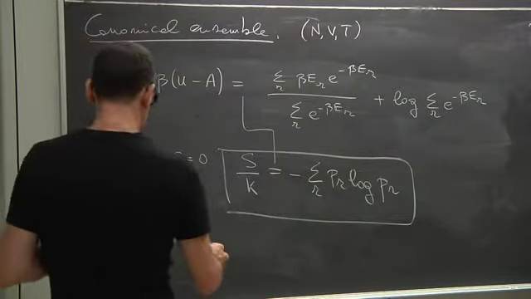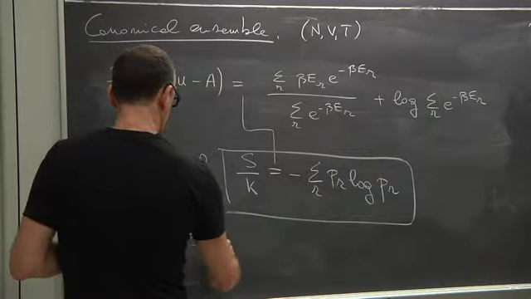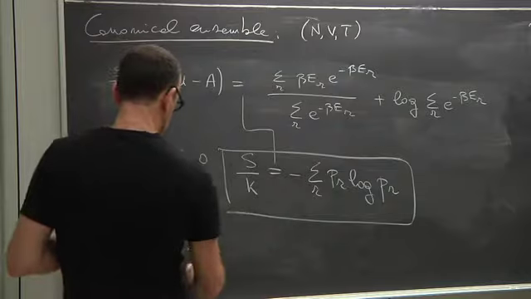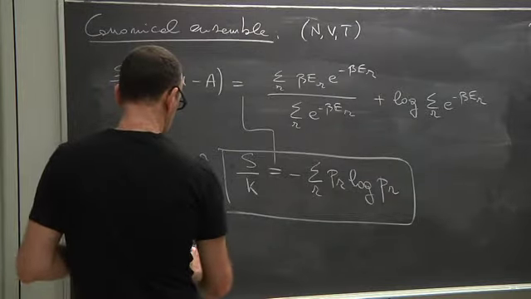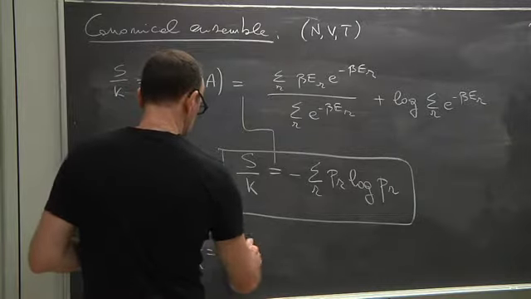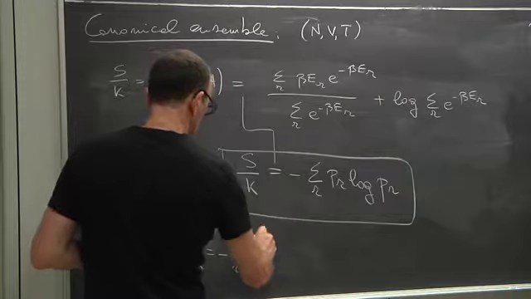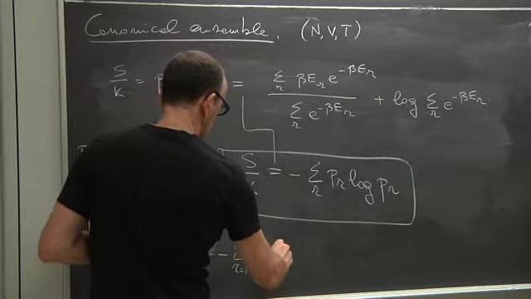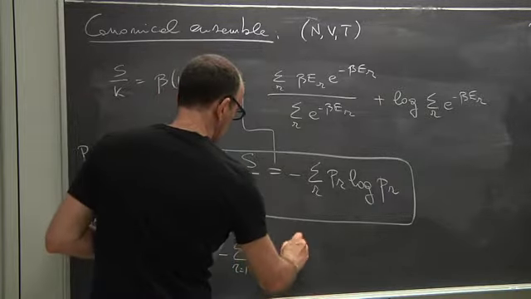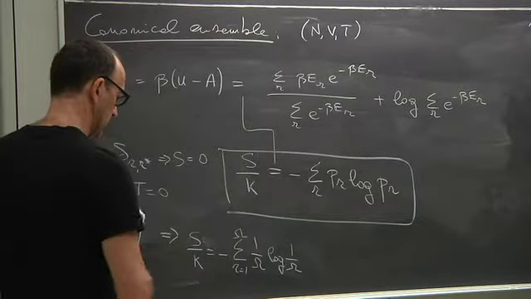And in this case, you see that the entropy over K, if you use this formula, is minus sum over all the states, say from 1 to big omega, 1 over omega of log 1 over omega. Okay?